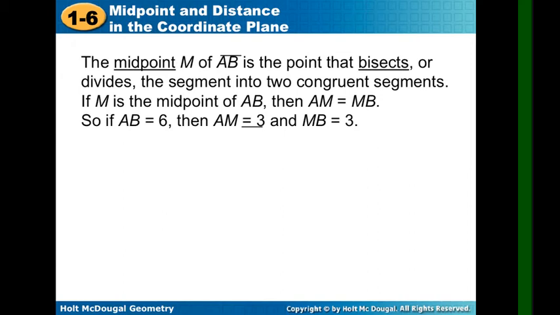If M is the midpoint of AB, then AM is equal to MB, or AM is congruent to MB. So, if AB is equal to 6, then AM is equal to 3 and MB is equal to 3. Para maintindihan natin siya, let's have this example.